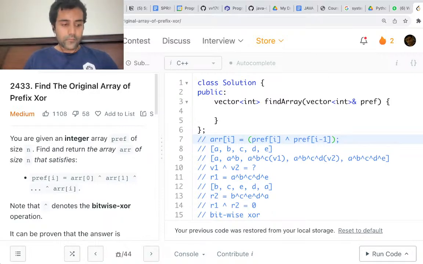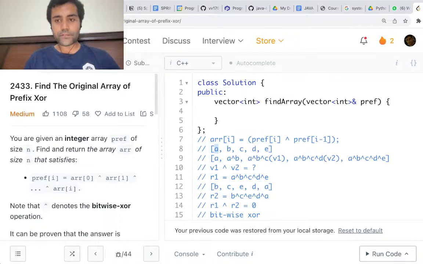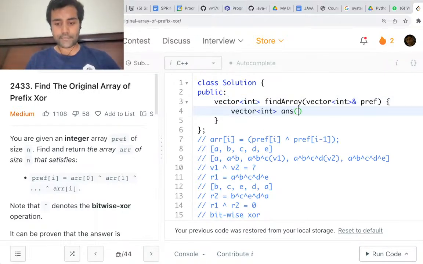Okay. One more thing. Can I say that the first element of my array should be same as the first element of prefix array? It's common sense, isn't it? Because when you talk about the prefix XOR of first element, it will be same as the first element. So what I can do is I can just go ahead and create an answer array of the same size.